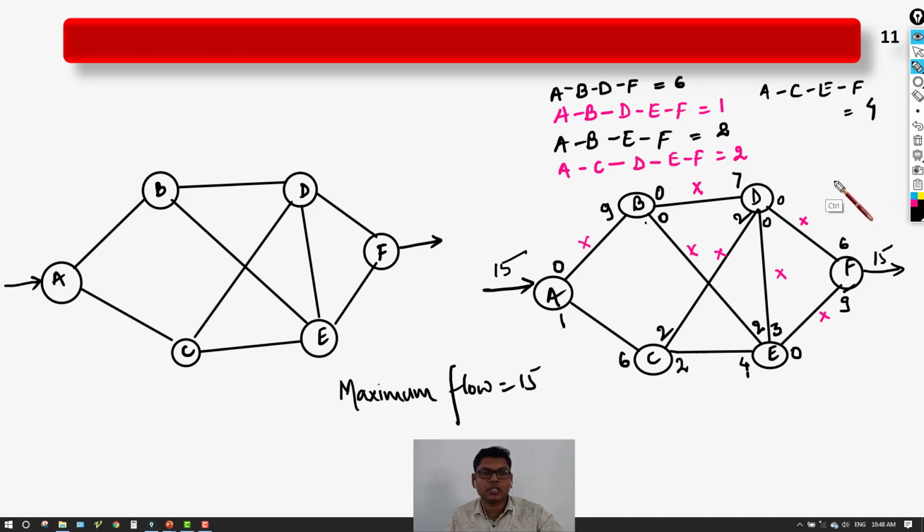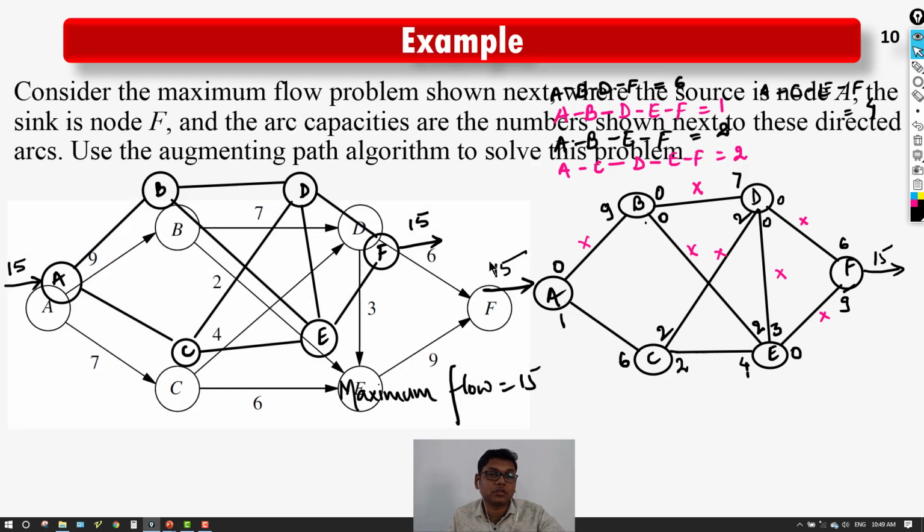So here you see this is 15 and this is 15. Now you have to compare it with the beginning one. So in the beginning, how much was possible? So just go here. Oh, it's overlapping, isn't it?